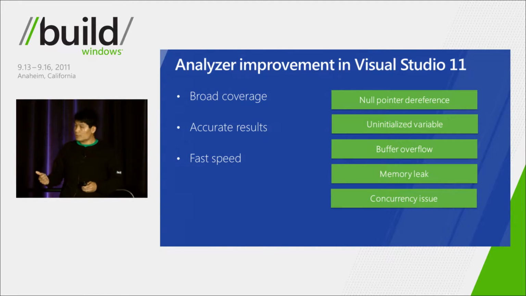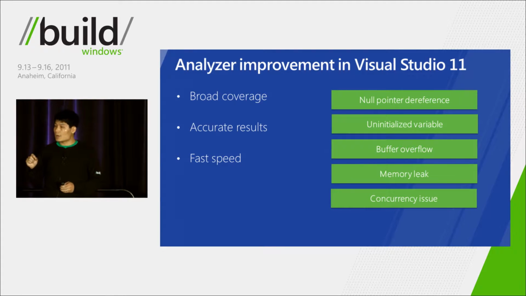The first one is around coverage. So the code analysis in Visual Studio can cover a large variety of defect patterns. If you are a user of Express, you get a subset of the critical rules out of the box.